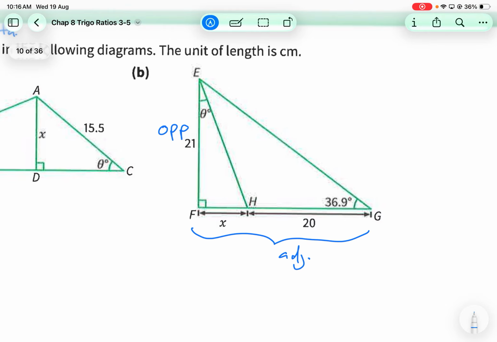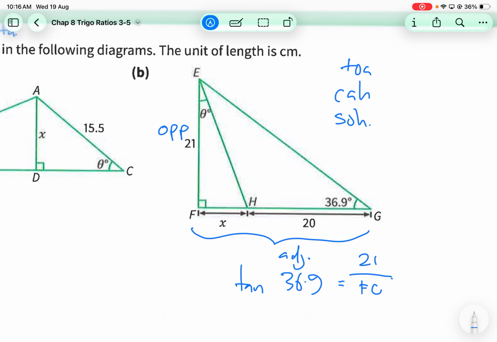Okay? And how do I find FG? I use my Tuakaso. Opposite, adjacent, tangent. Then I write down tangent 36.9 equals to opposite over FG.